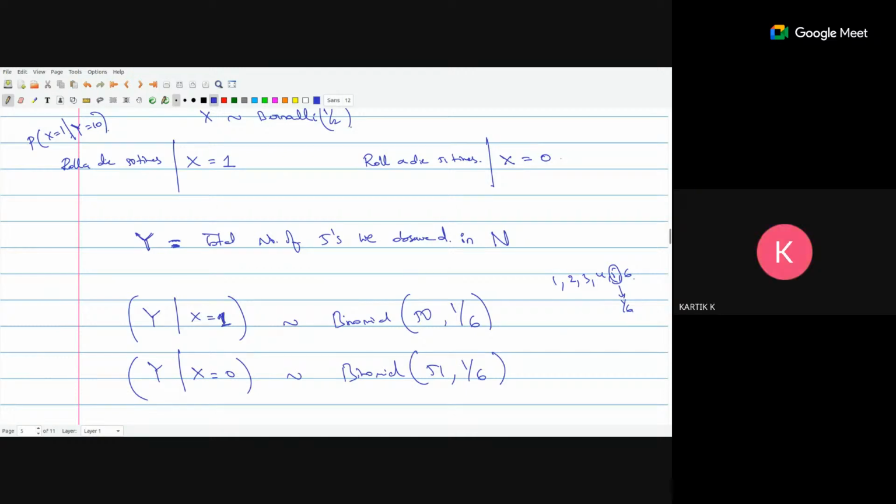So if I slightly change this problem and calculate the probability that the random variable y takes the value, for instance, 2, then I have to do 1 by 2 into binomial 50, 2.